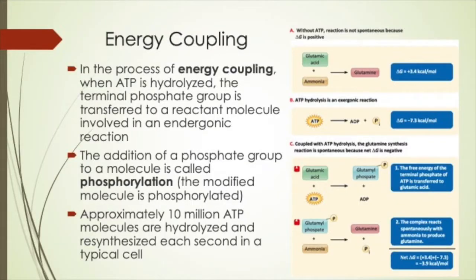In the process of energy coupling, when ATP is hydrolyzed, the terminal phosphate group is transferred to a reactant molecule, right? Involving an endergonic reaction. So, if you have the addition of a phosphate group to a molecule, that's called phosphorylation.